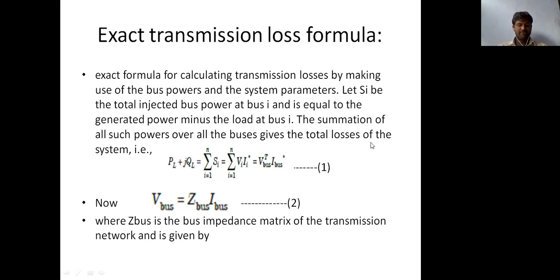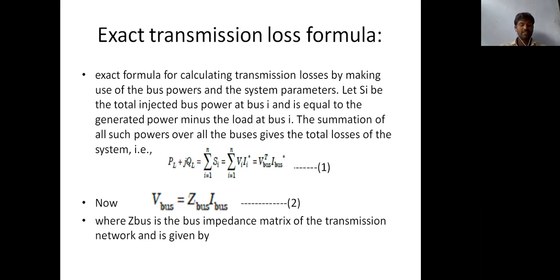So the exact formula for transmission line losses by making use of the bus powers and system parameters is as follows. Let S_I be the total injected bus power at bus I, equal to the generated power minus the load at bus I. The summation of all bus powers over all the buses gives the total losses of the system.